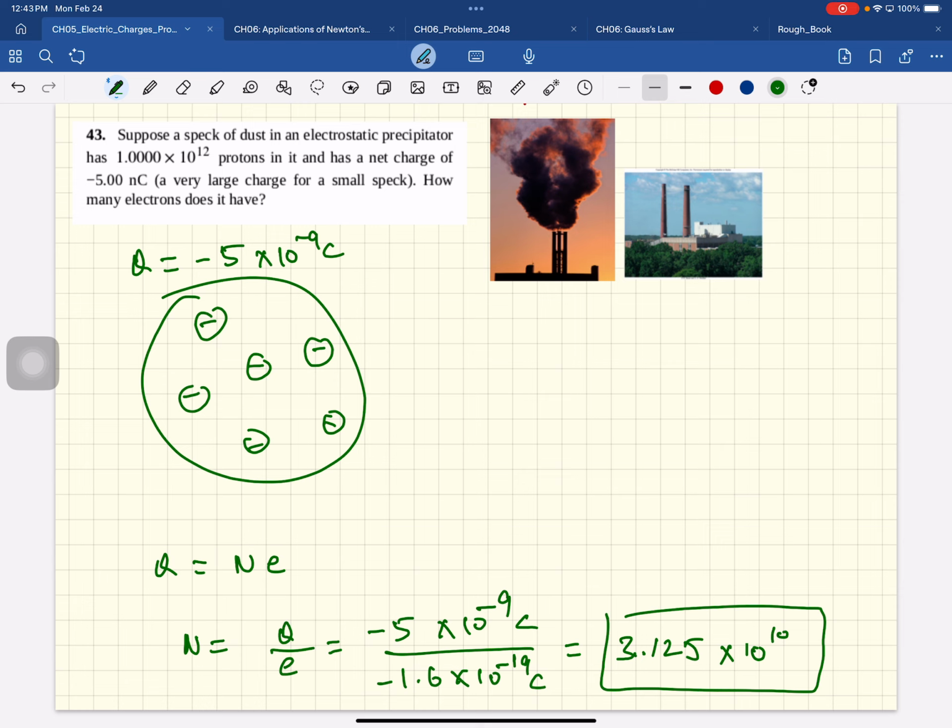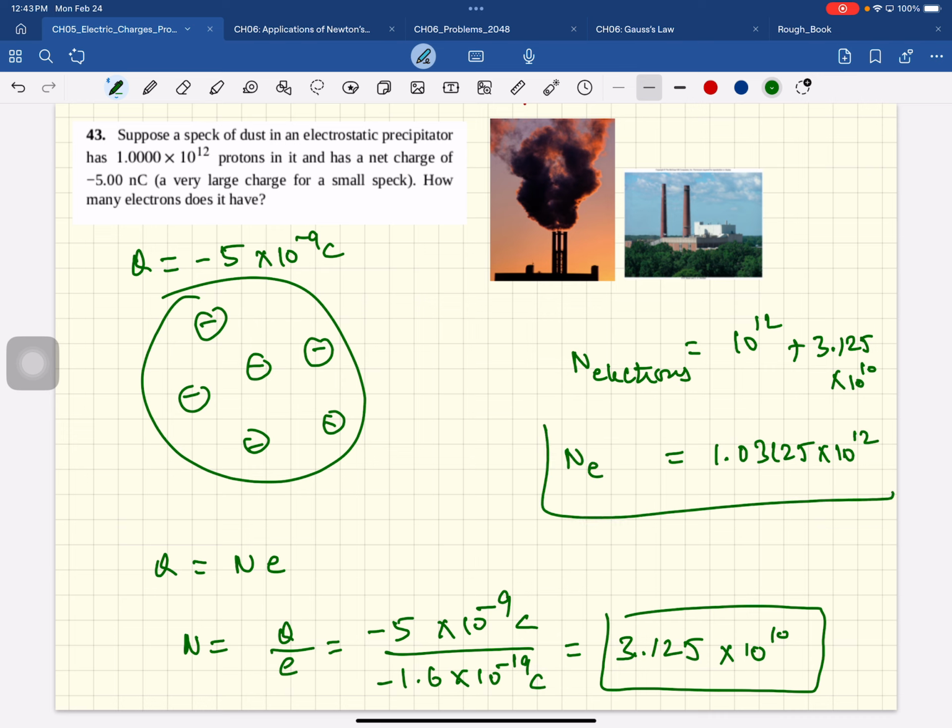So the number of electrons the speck has is 10 to the power of 12, that's how many protons it had, plus 3.125 times 10 to the power of 10 electrons. That's what contributed to the excess charge. So this is equal to 1.03125 times 10 to the power 12, and that's how many electrons it has.